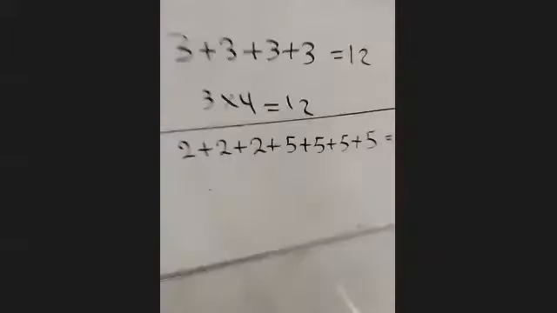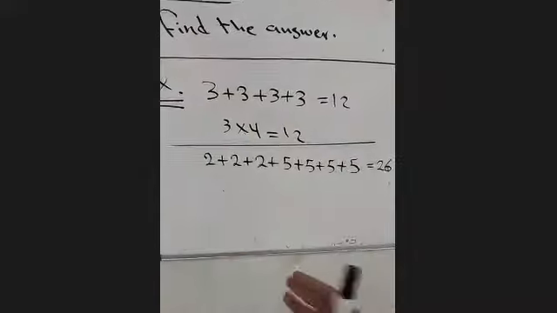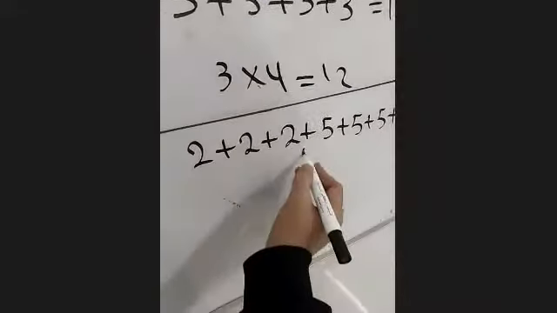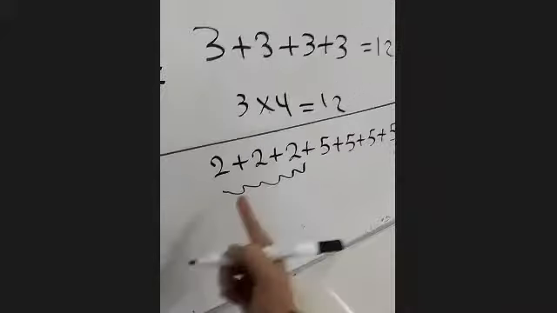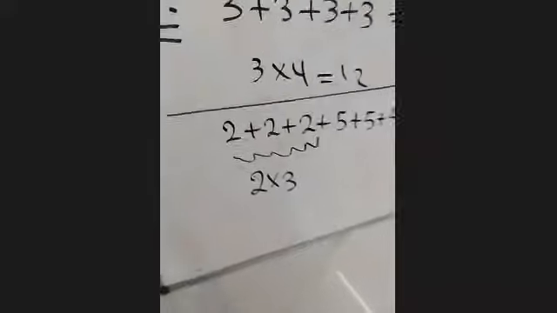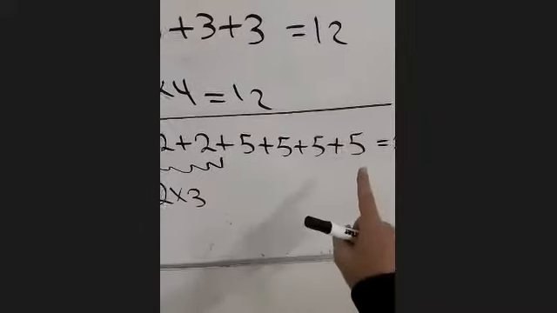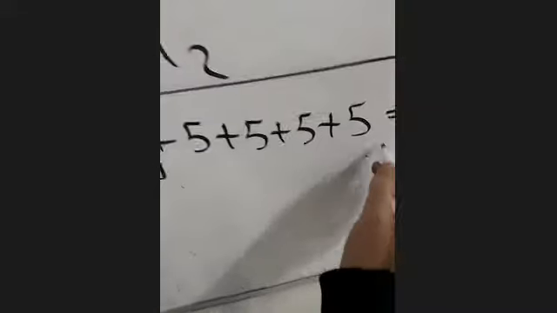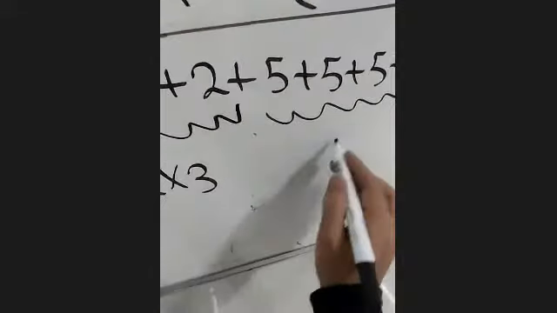Now I can express this expression in another way using multiplication and addition. Here I have 3 2's, so I can say 2 multiplied by 3. And here I have 4 5's: 1, 2, 3, 4. So here I can say 5 multiplied by 4.